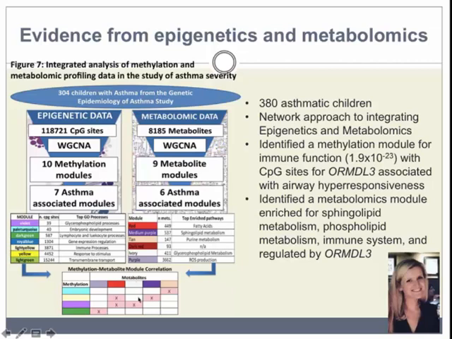We can do that and identify key modules that are associated with both epigenetics and asthma and metabolomics. Shown in this picture at the very bottom, these X's represent modules that are associated together for both methylation and metabolomics.